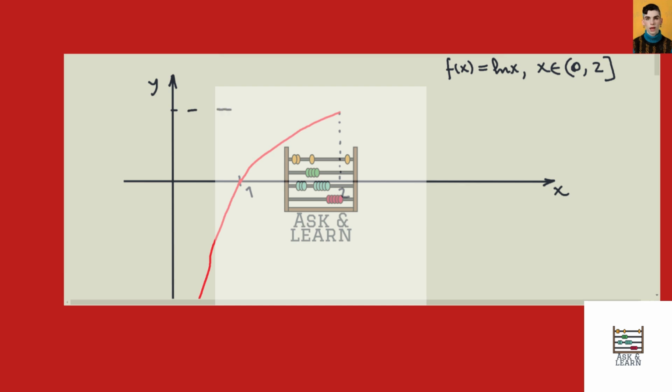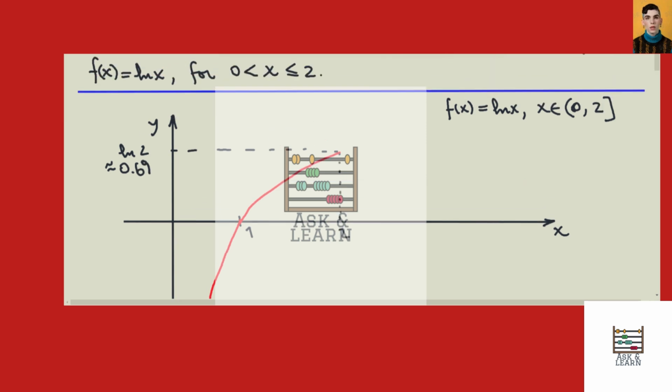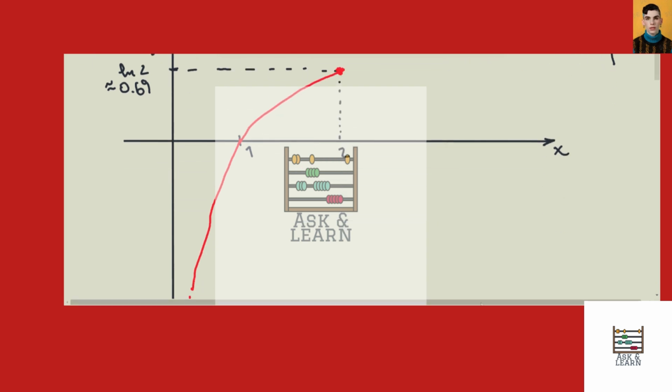That value, natural logarithm of 2, is about 0.69. That's the value here. And because we have included the value 2 in the domain, this point in the graph has to be included, and we draw a filled circle. So we have this behavior here.